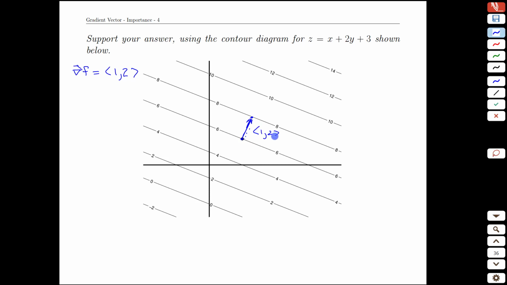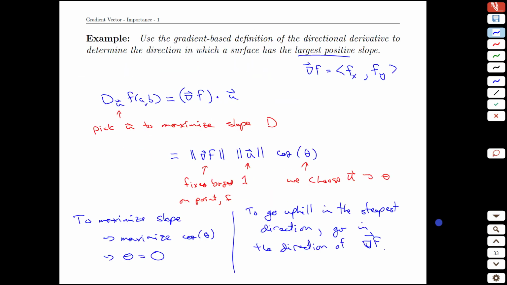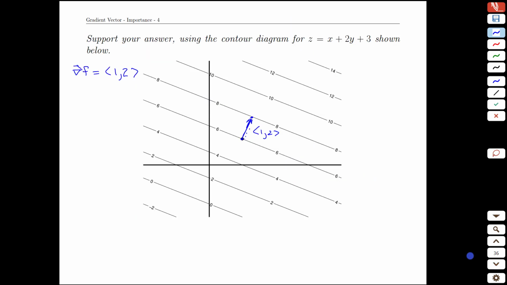So we get a perfect alignment between the direction we found by pure calculation and the direction we found with steepest slope using the contour diagram, getting me to the next highest contour in the least possible distance, because that's what would indicate the steepest slope. And that gives us a good visual confirmation that our analysis, based on the dot product that we did earlier, is valid and can be reflected in contour diagrams or graphical analysis of the surface as well.